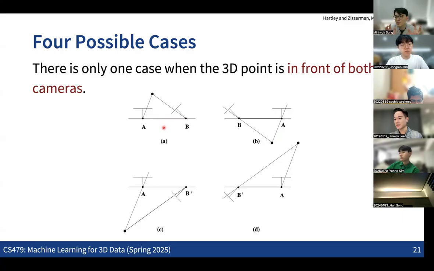While we have four possible cases, only one makes physical sense, so based on the viewing directions we can choose that specific case.